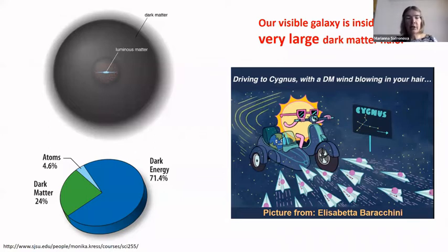And then dark matter is supposed to be 85% of all matter, and then there is dark energy. So from our current picture of the dark matter distribution, the Sun and Earth go around our galactic center, and essentially the dark matter wind is blowing in our hair, so there should be plenty of dark matter to detect.